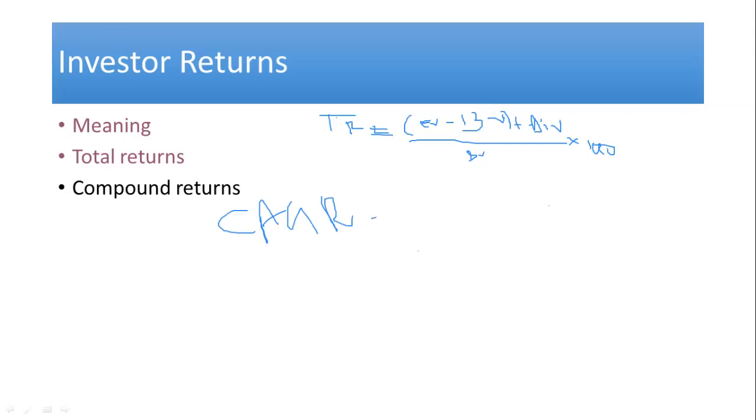While going for the CAGR, we take the return as one factor, and time is another factor, which provides the real picture of whether the investment was made well or not. So again, what is the difference between simple return and compound return? The simple interest rate return is calculated for less than a year.